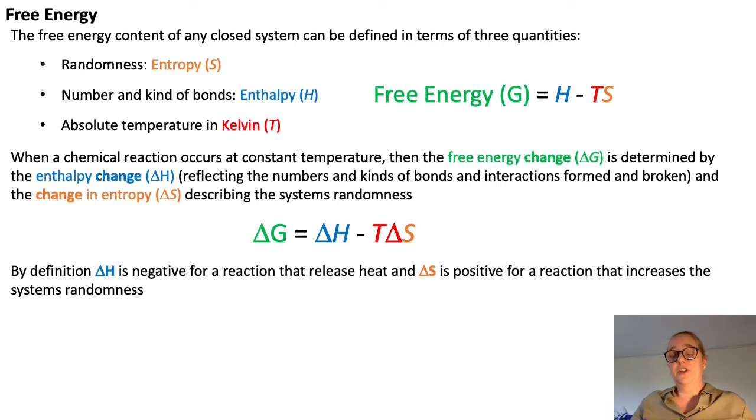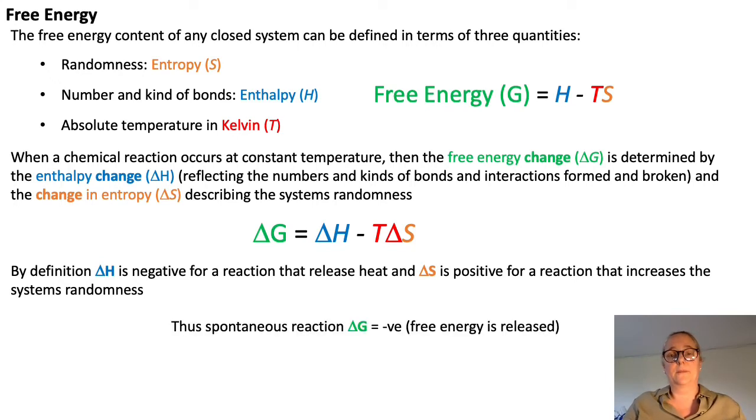By definition, delta H is negative for a reaction that releases heat, whilst delta S is positive for a reaction that increases the system's randomness. For a spontaneous reaction, delta G is a negative free energy, which is then released.